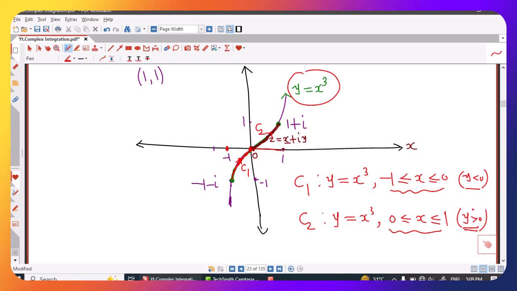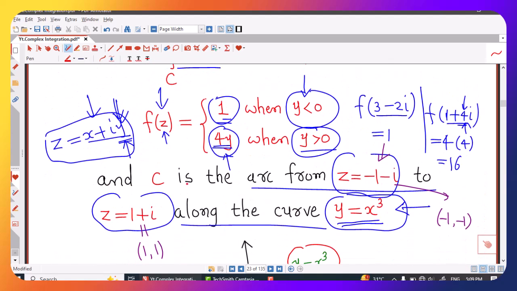For y greater than 0, the value of f of z is different. Therefore we are considering two sub curves for the given curve C, and our curve C is from -1 minus i to 1 plus i, and that we can write as the union of C1 and C2, or as C1 plus C2. So this we have to take care of, because we are going to integrate f of z.